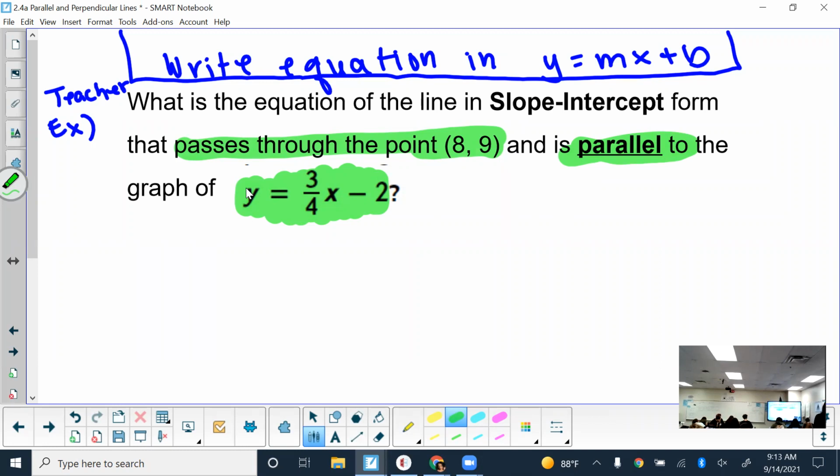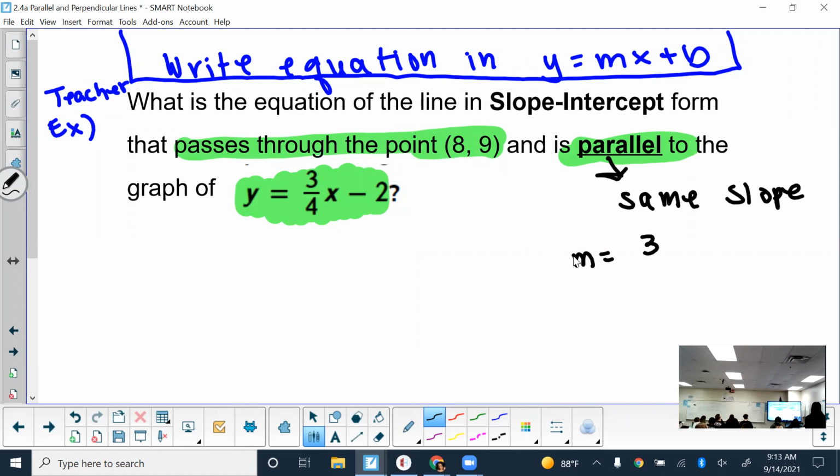So if it needs to be parallel, what does that indicate? What do I know then about my new line? It's going to have the same slope. Good. So by definition, if it's parallel, they have the same slope. So what's going to be my slope in my new equation? 3/4.